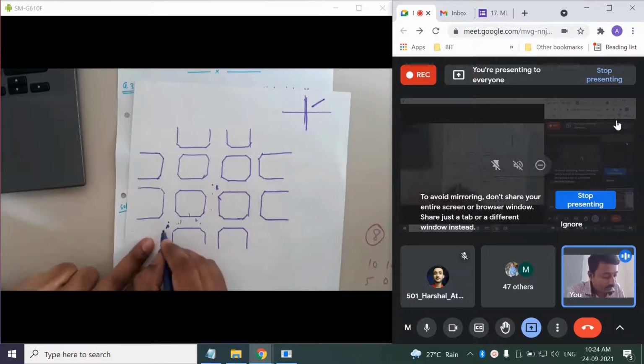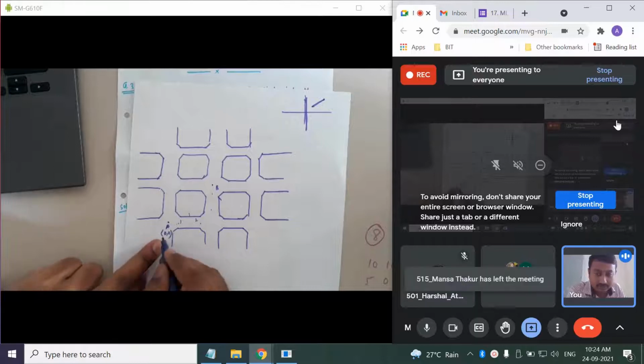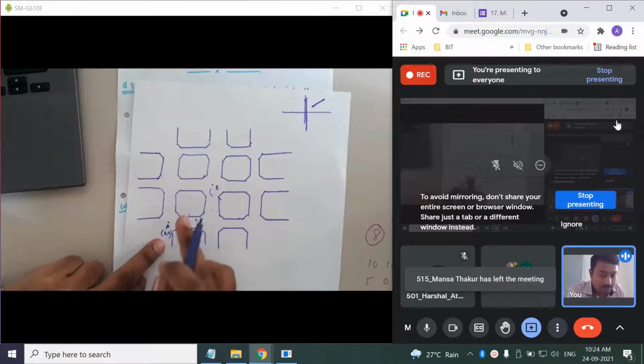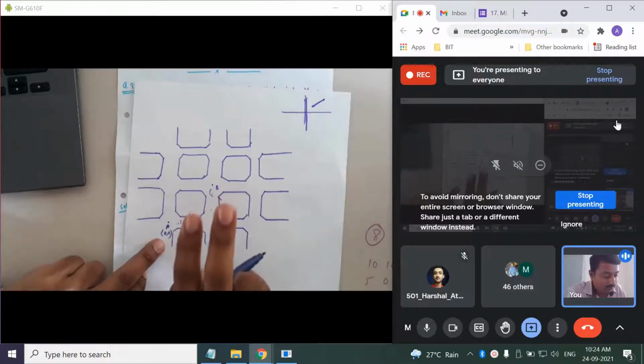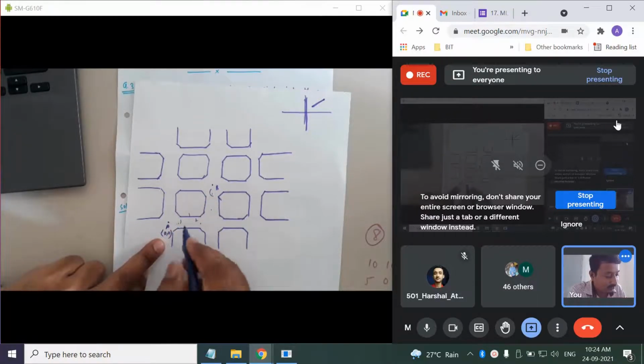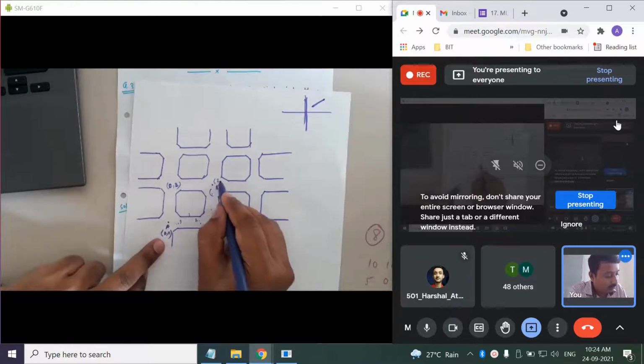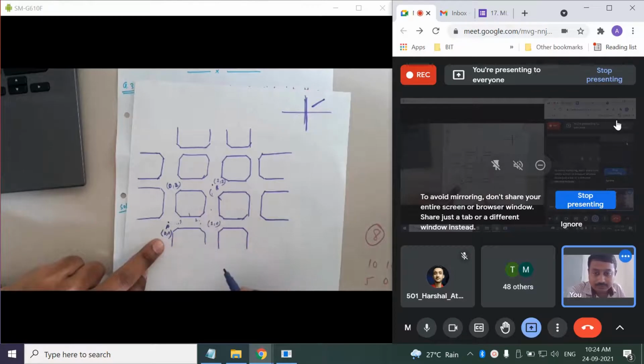Consider the coordinates of this point as 0, 0. Each block is 2 units wide. So this is 2, 0, and this is 0, 2, and this B point will be 2, 2.